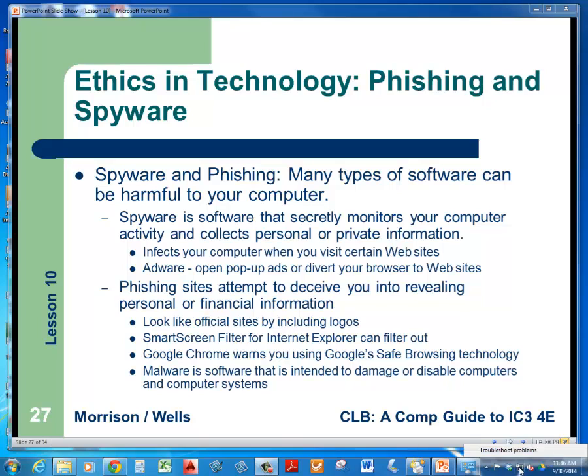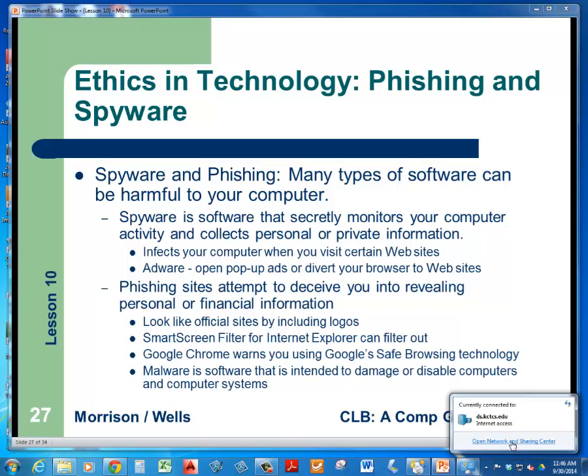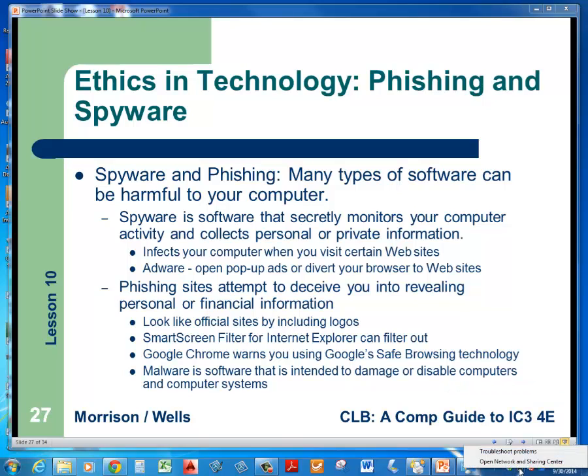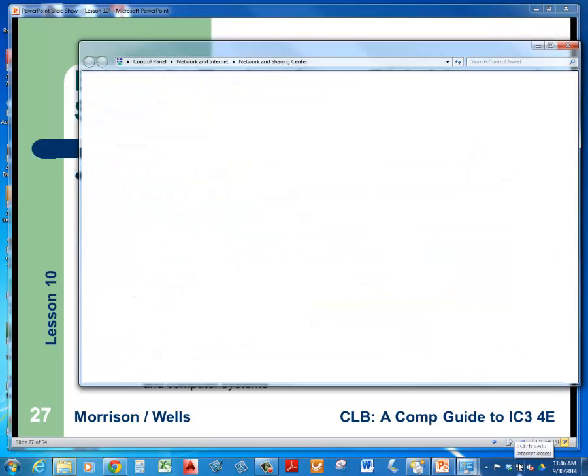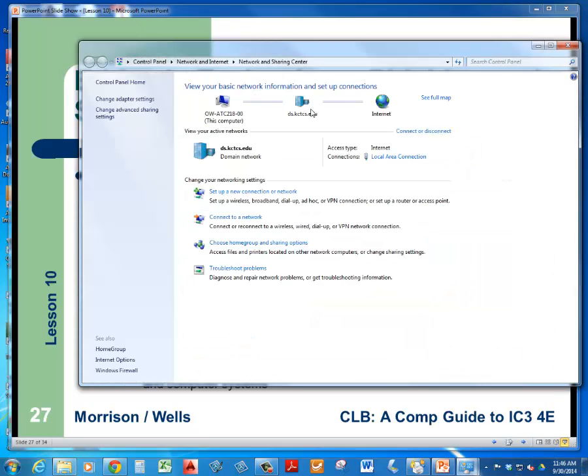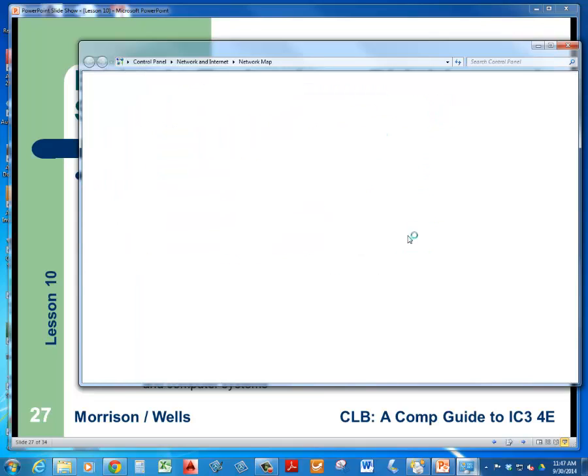You can also look at the status of your network connection. You'll have the little Wi-Fi bars down here telling you what your strength is. I don't know if it'll let me see the network mapping.